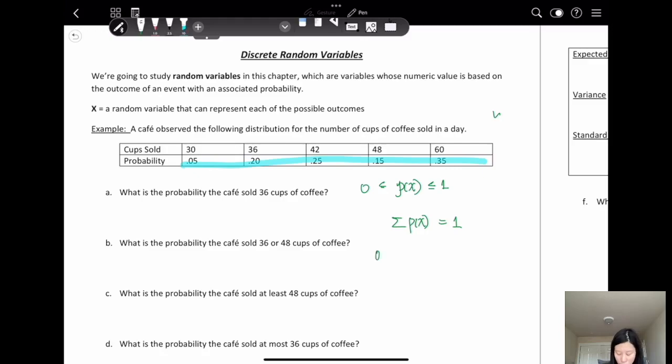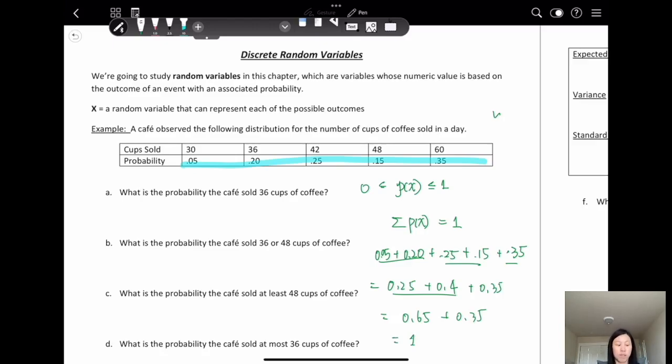Let's do the math. 0.05 plus 0.20 plus 0.25 plus 0.15 is 0.65, and then 0.65 plus 0.35 equals 1. So the sum of the probabilities always equals 1. If we add these numbers together and they're not equal to 1, that means something's off.